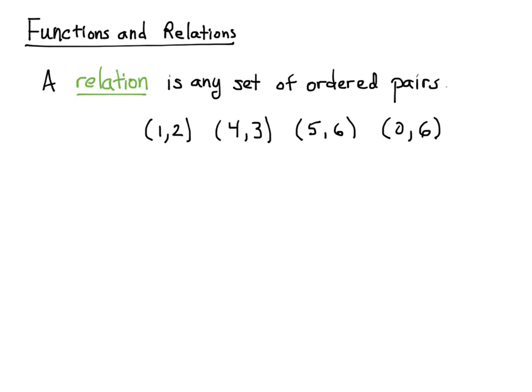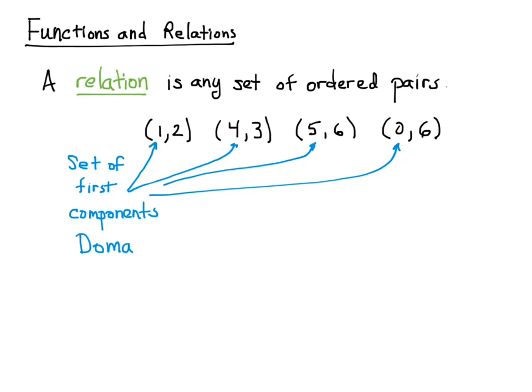We call that a relation because we have a value in the first place, the x-coordinate, associated in some fashion with the y-coordinate. We call the set of the first numbers, the first components, the domain. With a function we're talking about having something from the domain associated with another number, and the set of those numbers we're going to call the range.